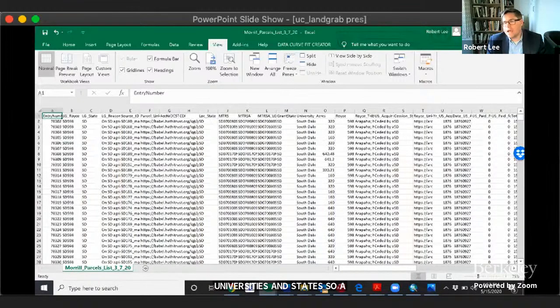But what you see here is the master parcel list opened up in Excel, basically 80,000 rows of data. You can get links that will take you to the sources. You can reconstruct the various pathways, both digital and archival, through which we filtered information about parcels into this database.